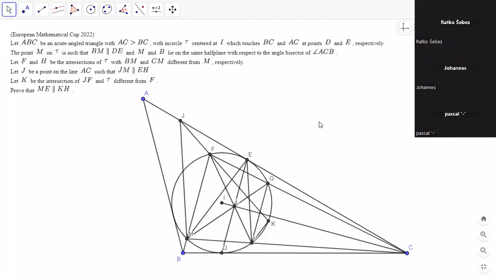So ME, we want to show it's parallel to KH. It's probably just like an angle chase from there.